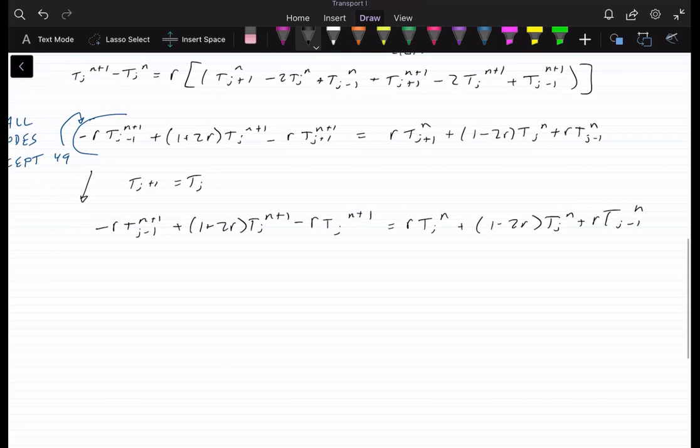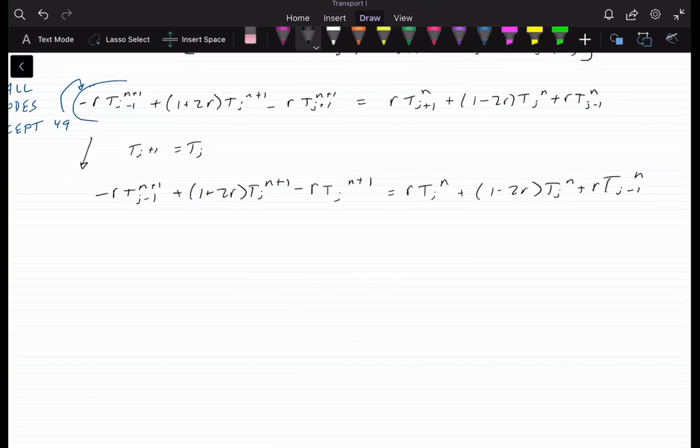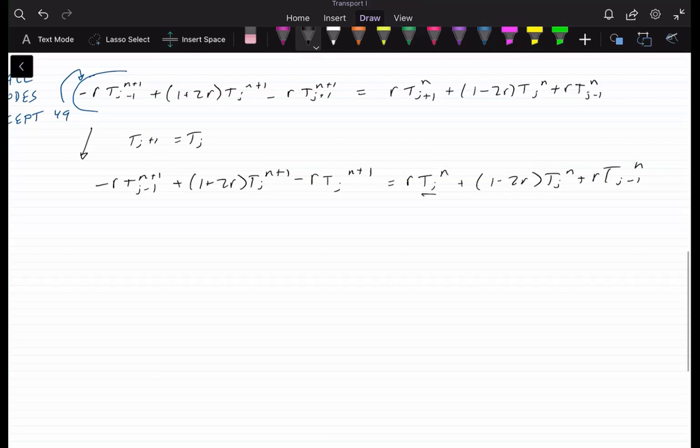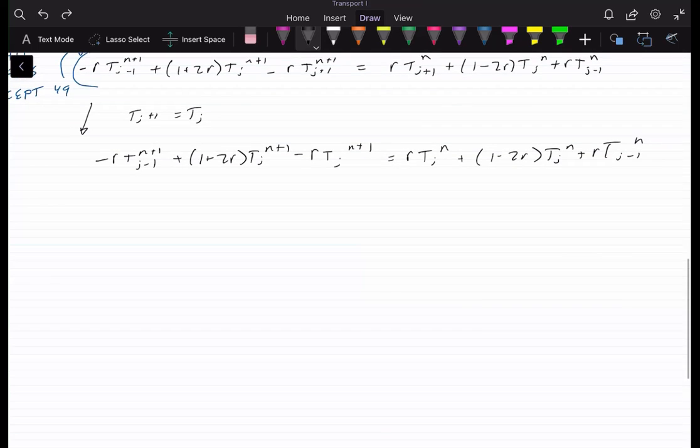Okay, so this is for node 49, and notice these guys are like terms, and we can add this into these parentheses, and the same thing applies on the other side of the equation. So now our equation for node 49 is going to be negative R Tj minus 1 n plus 1, plus 1 plus R Tj n plus 1.